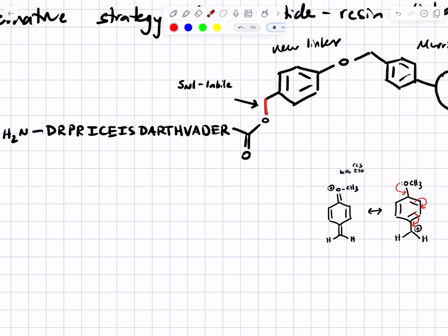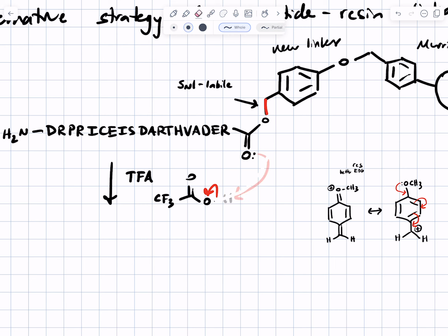The reagent of choice for that is trifluoroacetic acid, or TFA. And what happens is that the TFA, CF3 carboxylic acid, protonates the carbonyl oxygen, like you would expect an acid to be able to do, okay?